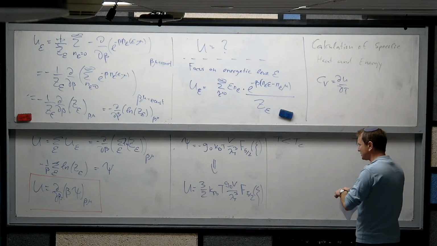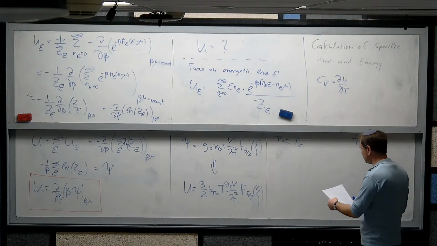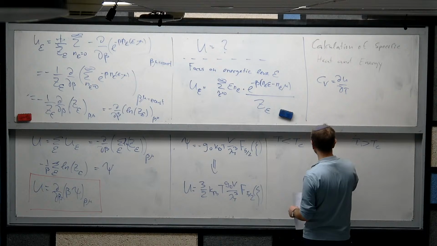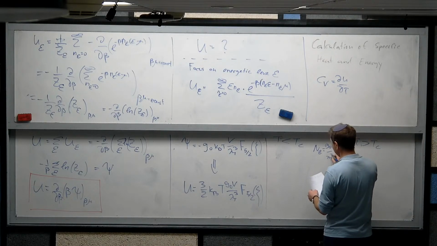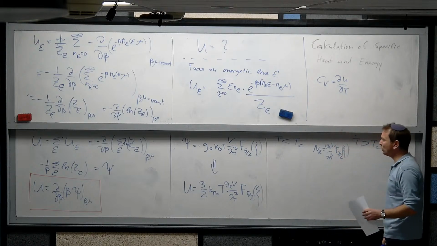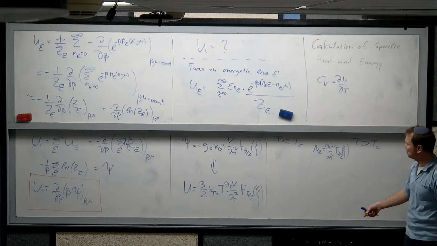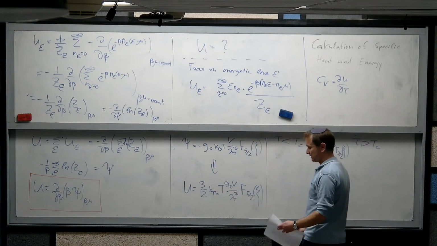Okay, so let's try and see how it's actually working out. First of all, we have the following. Remember that for both of these, N unexcited equals G0 V divided by lambda_T to the third power f_{3/2} of the fugacity. And I want to write this down, because I know that something is going on with the excited states, and I want to use their properties in order to describe the U properties.